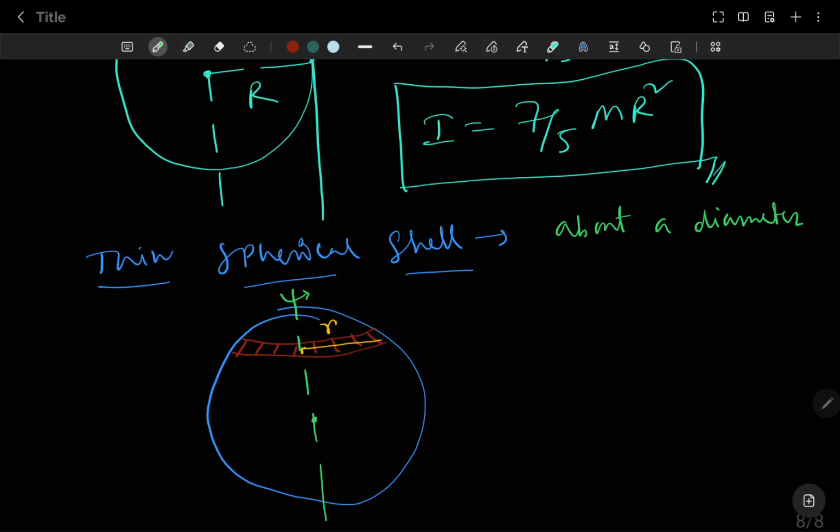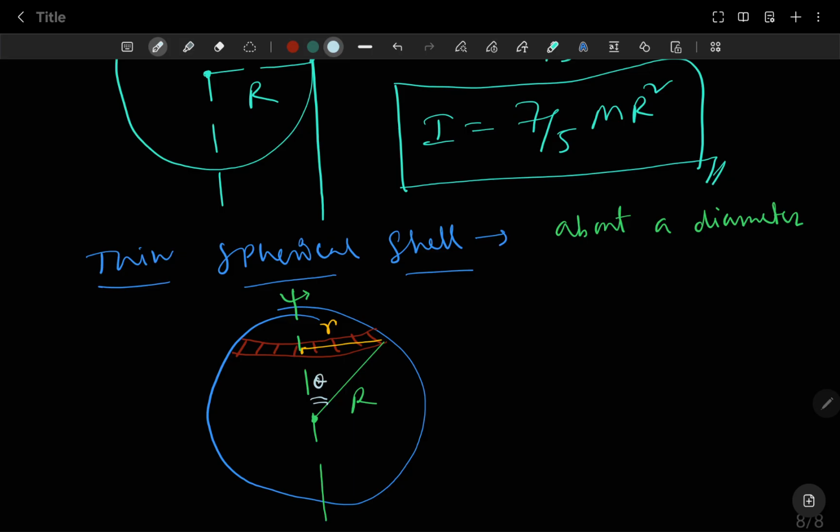This is the center. Now join it. This is the radius of the shell, capital R. This angle is theta.